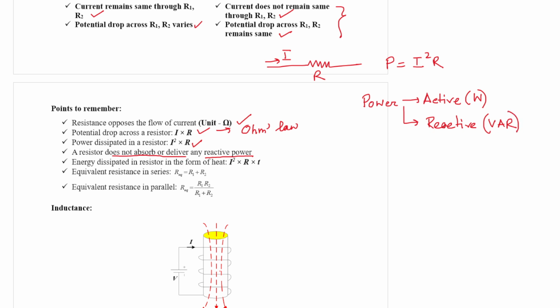Active power is denoted by the symbol P and reactive power is denoted by the symbol Q.